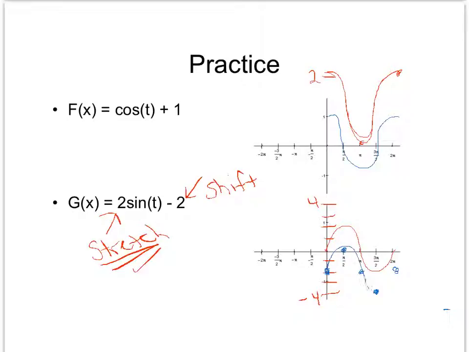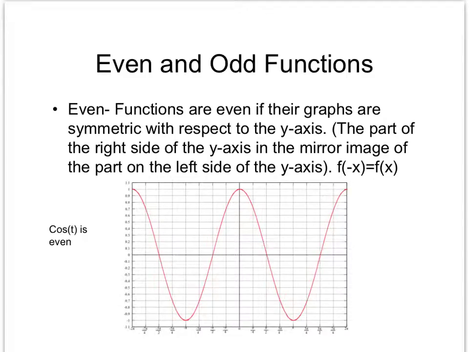Sometimes I think this is helpful. You don't have to do that, but before you draw the whole curve out, make sure you have it right. So here's our graph with a stretch of 2 and a shift of -2. So that covers all of the transformations that we're going to talk about right now.